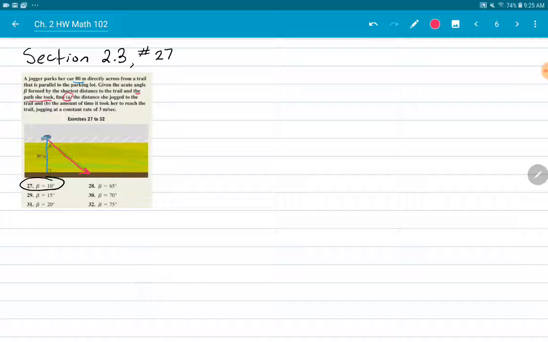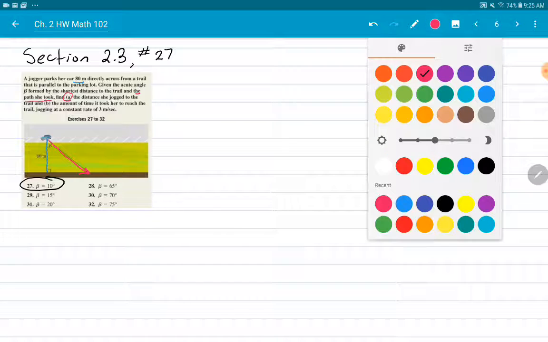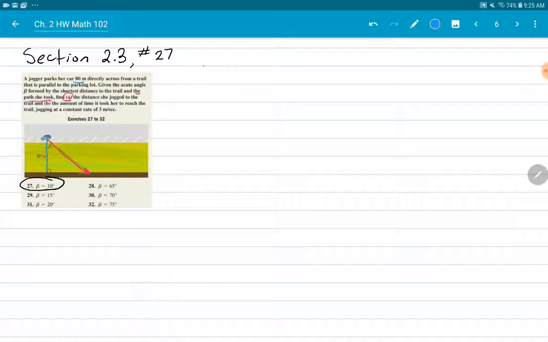So let's just worry about A for right now. Given our little triangle here, I'm going to pop that triangle out a little bit so we can see what's going on. We're looking for that red line. So that's our missing value. So x is the distance she jogged. Sorry, my handwriting's terrible.